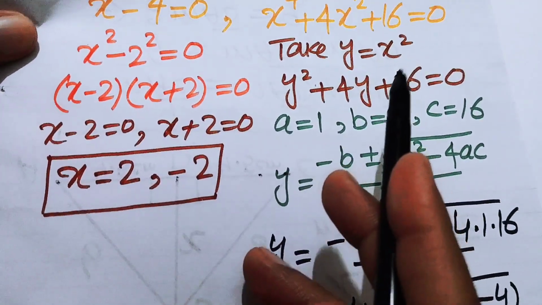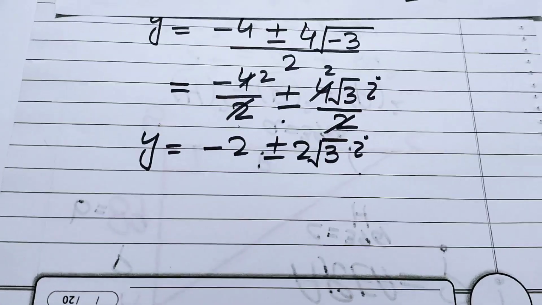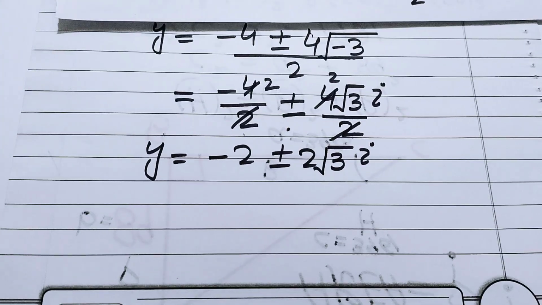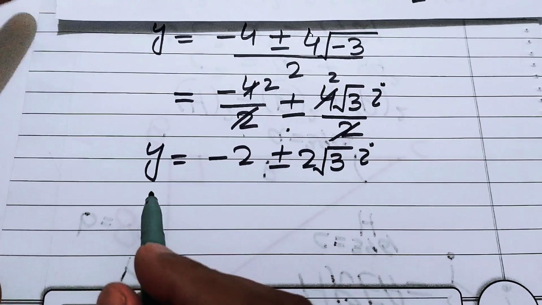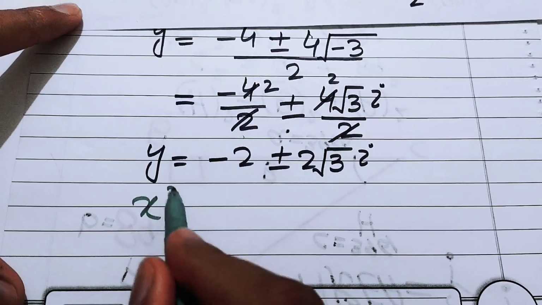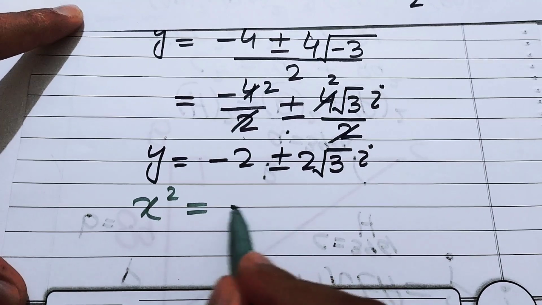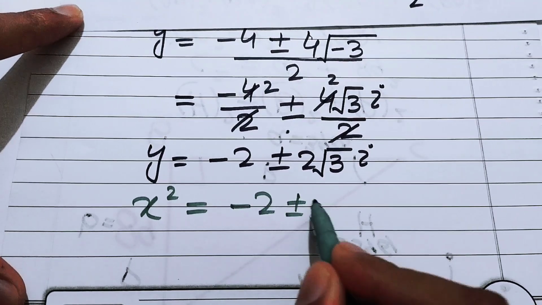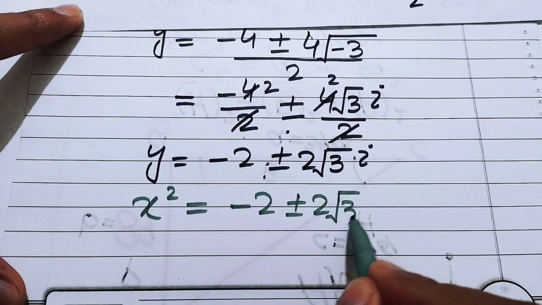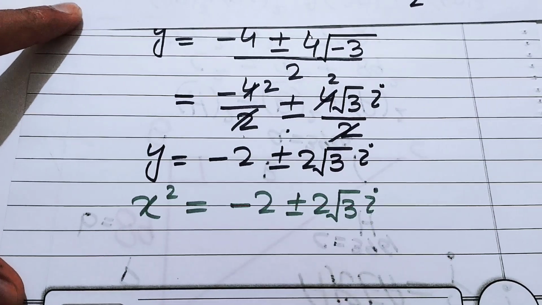Now, at the start of the problem we took y equals x square, so we back substitute the value of y. It becomes x square equals minus 2 plus minus 2 times the square root of 3 times iota.